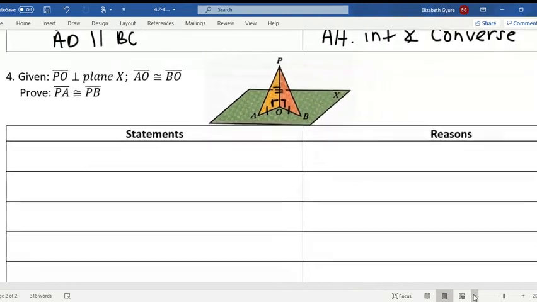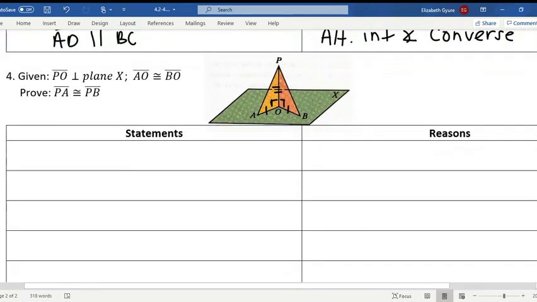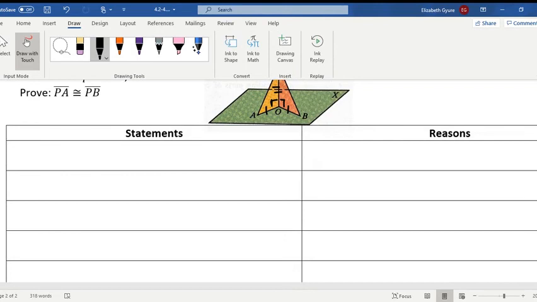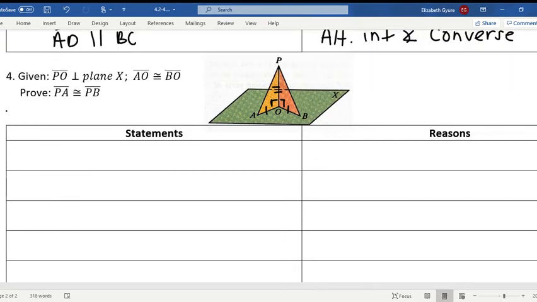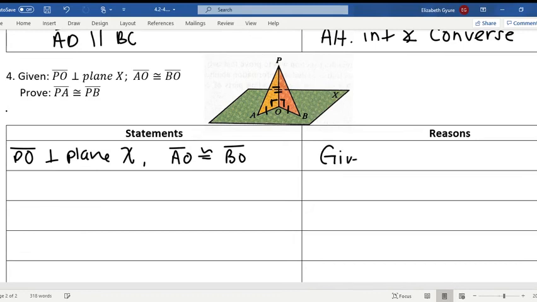All right. So let's start with our given. So we are given that segment PO is perpendicular to plane X, and segment AO is congruent to segment BO. That is given. Let's use our vocab.